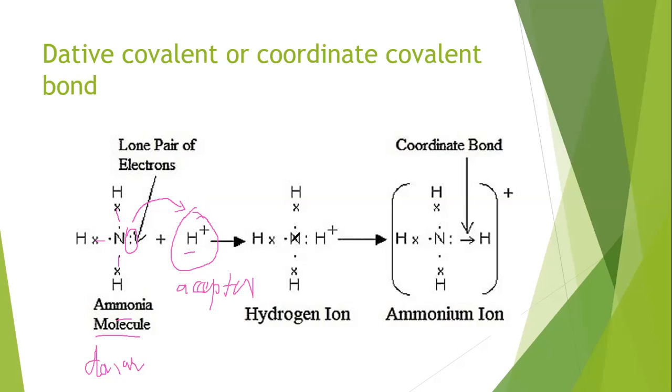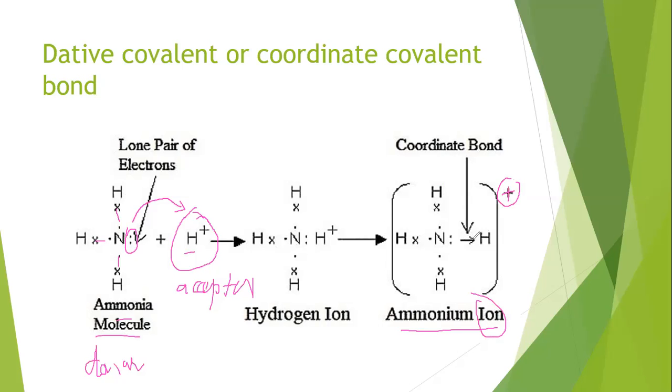In this way, this molecule of ammonia and this proton will come closer and make a bond. You can represent the coordinate covalent bond by making a bracket with a positive charge on the bracket. Now this new species is called the ammonium ion, because it contains a charge on it.